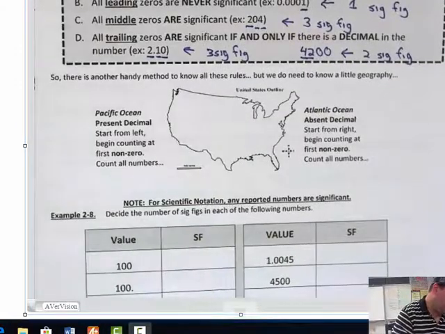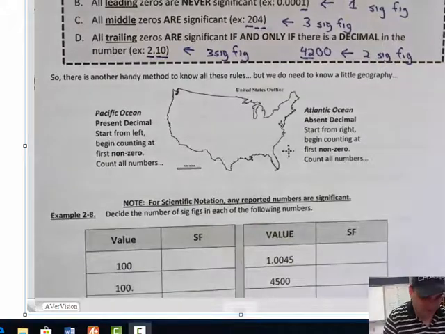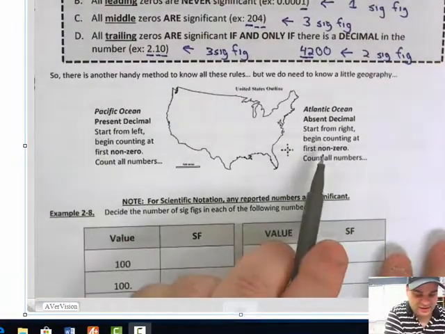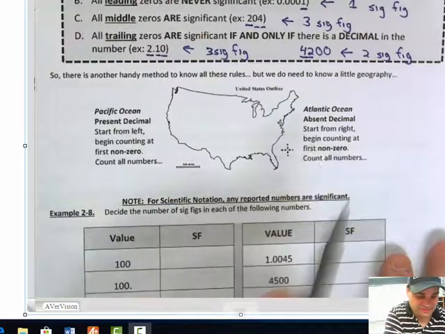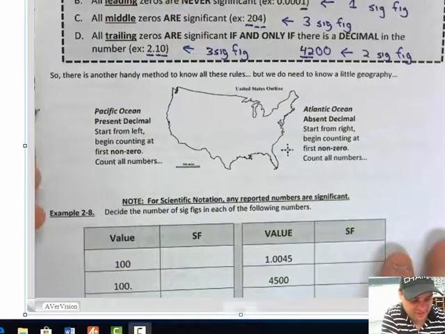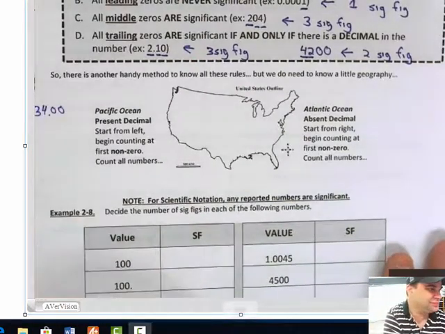There's the MAP method, which you'll see me occasionally use. So we know the Pacific Ocean is on the west coast and the Atlantic Ocean is on the east coast. The Pacific Ocean has decimals present, so like 34.00.